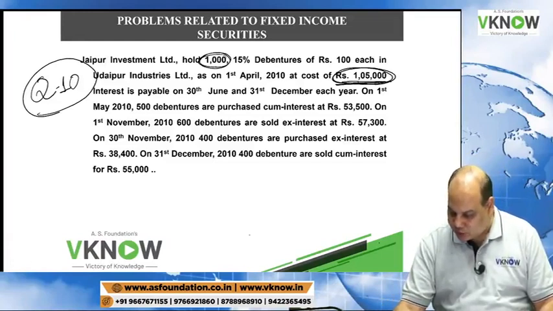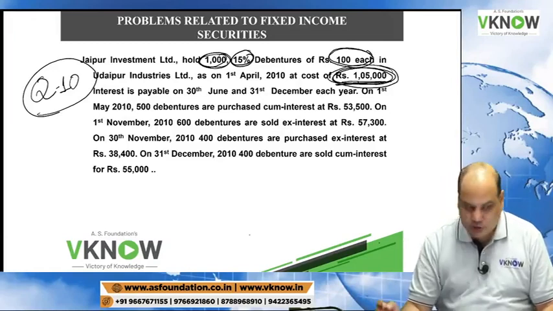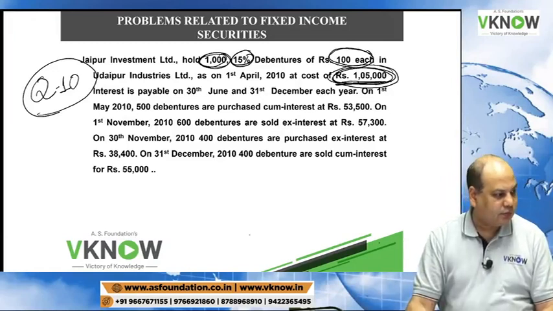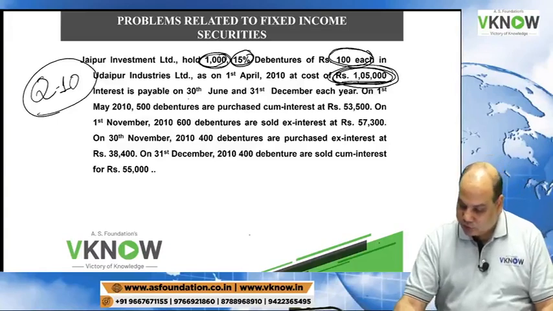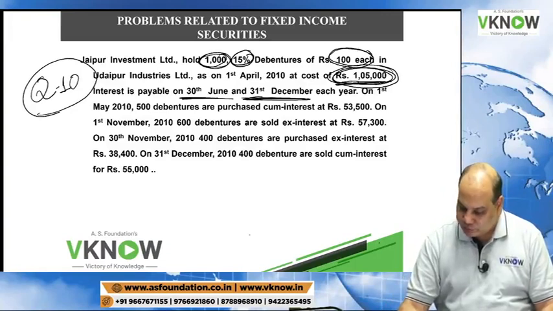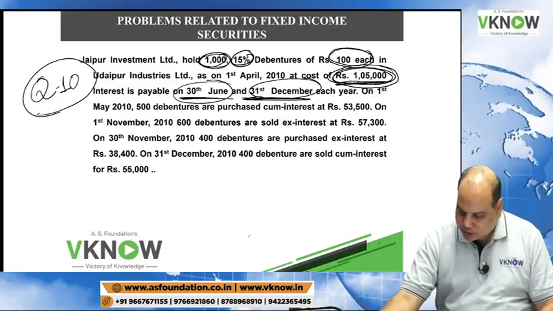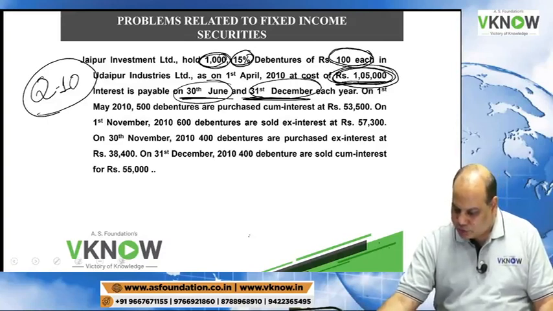Opening balance 1000 units, face value 100, interest rate 15%, and the cost is 1,05,000. Interest is payable on 30th June and 31st December each year. So twice a year the interest is paid.